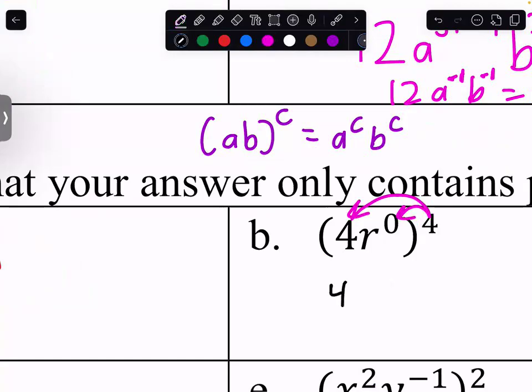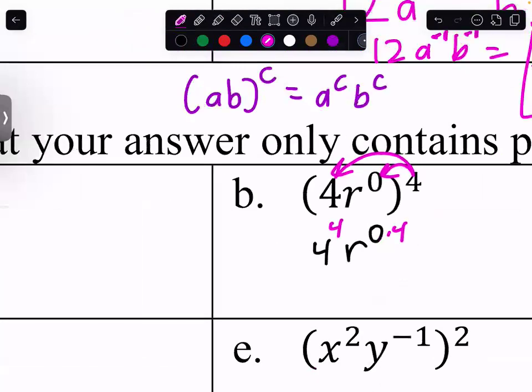You have 4 to the 4th power, and then times r to the power of 0 times 4, so that part will become 0. The 0 does still make it 1. So r to the 0th is 1.